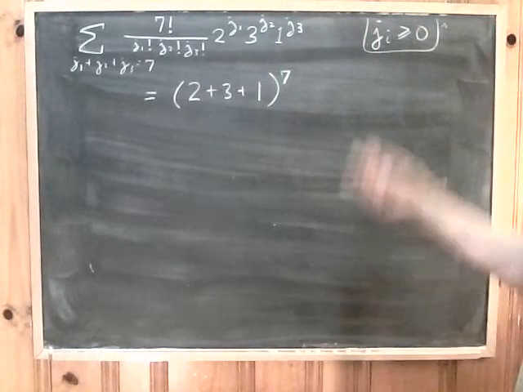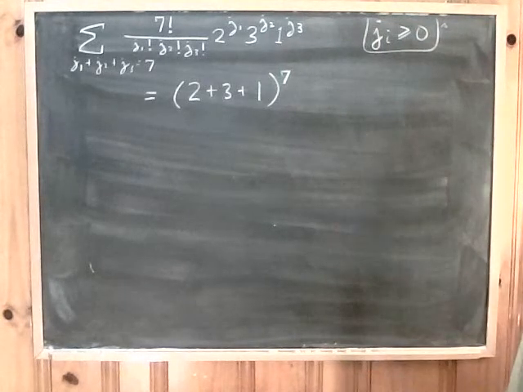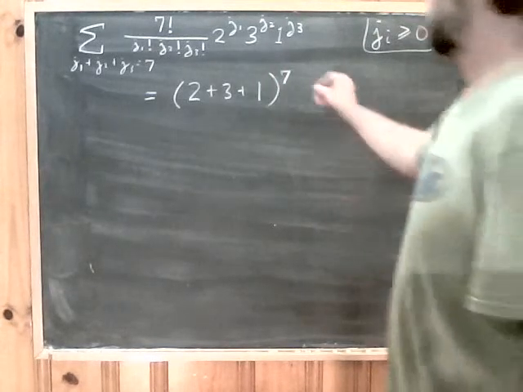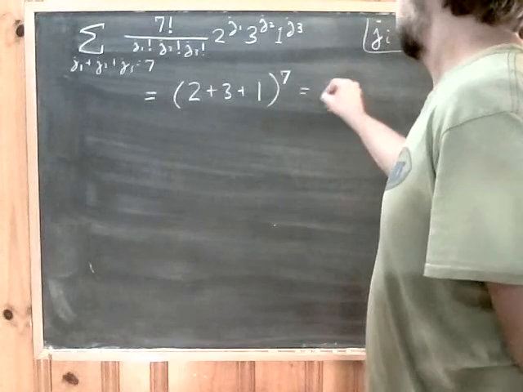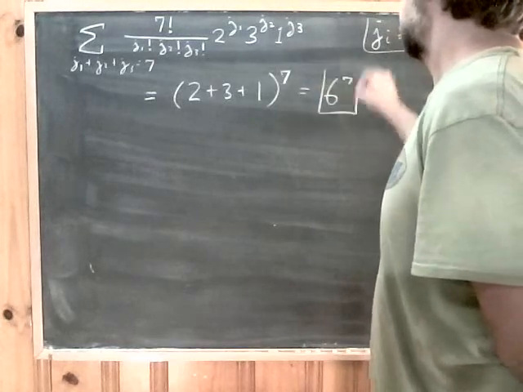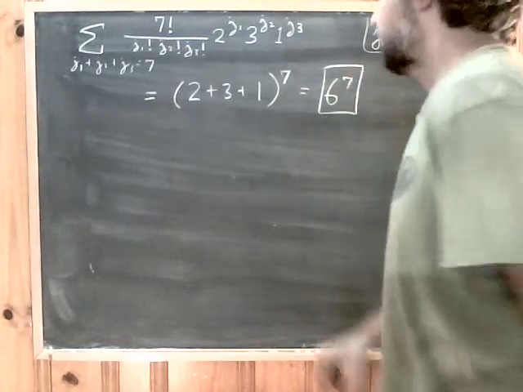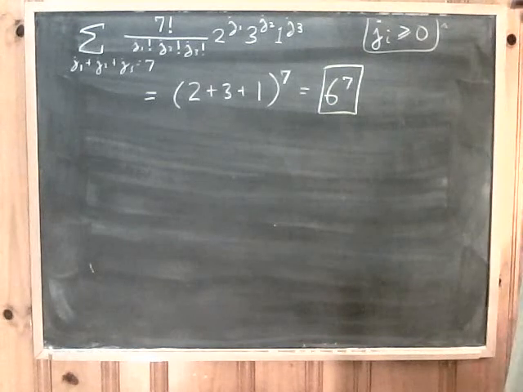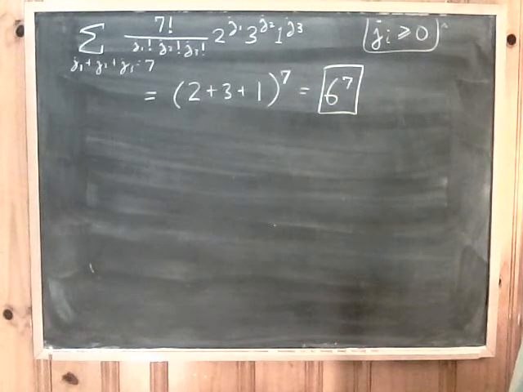That's exactly where that formula comes from, above there. And so now we can simplify it. It's 6 to the 7 as the final answer, which you can work out on a calculator. I'll just leave it as that.